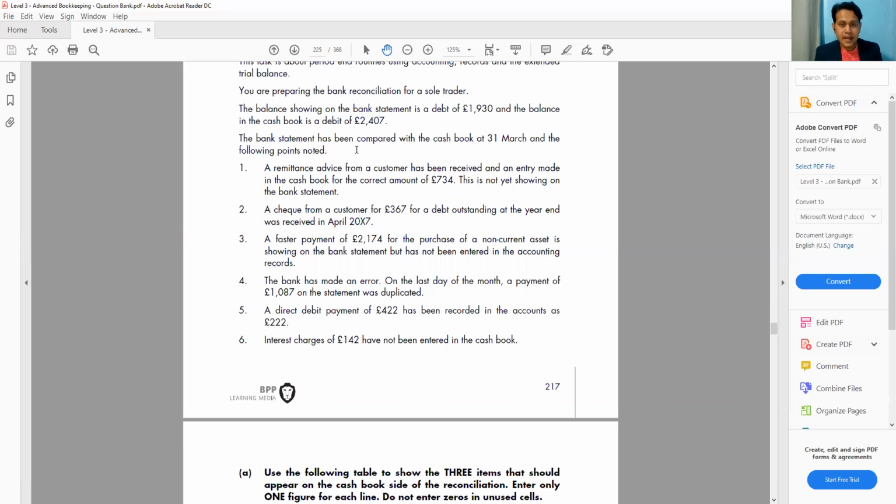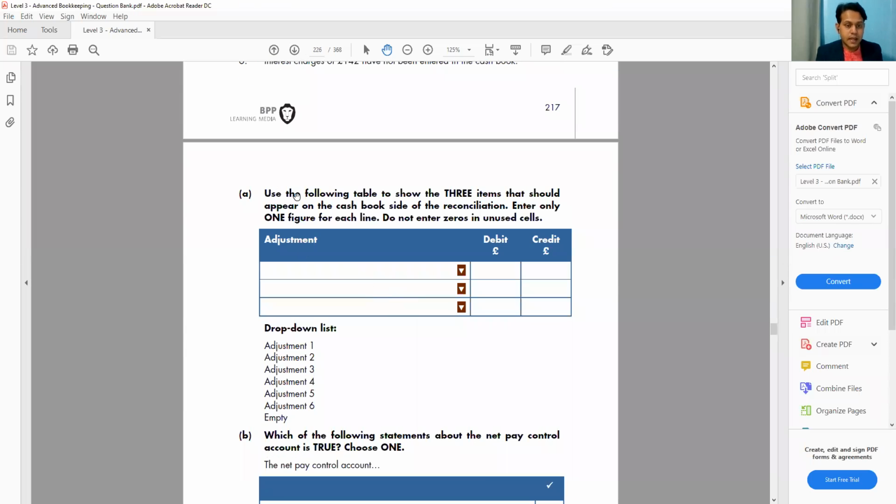The bank statement has been compared to the cash book at 31st of March, and the following points are noted. What is the requirement? Use the following table to show three items that should appear on the cash book side of the reconciliation. Enter only one figure for each line.